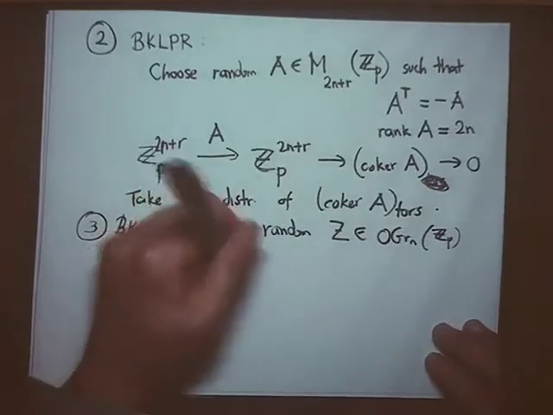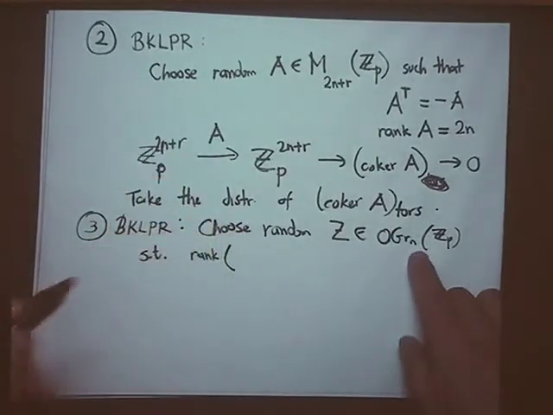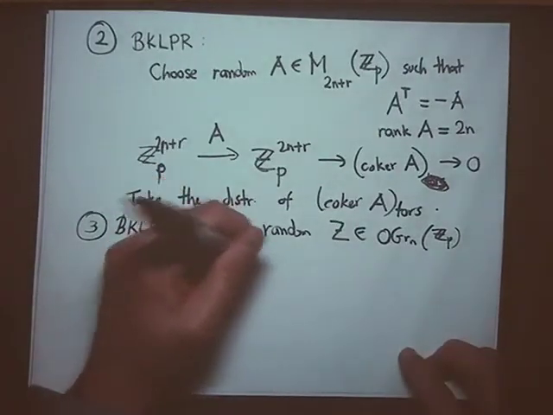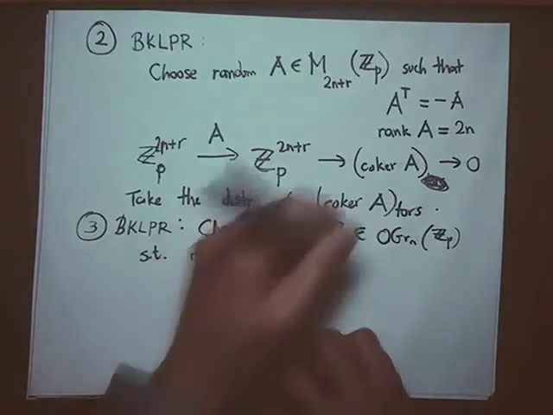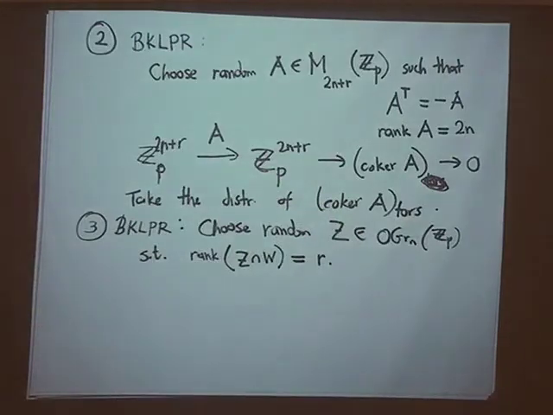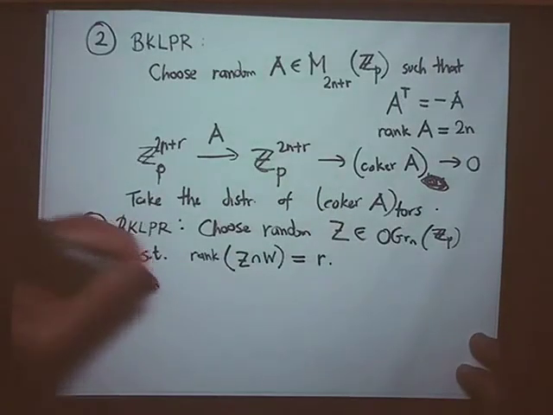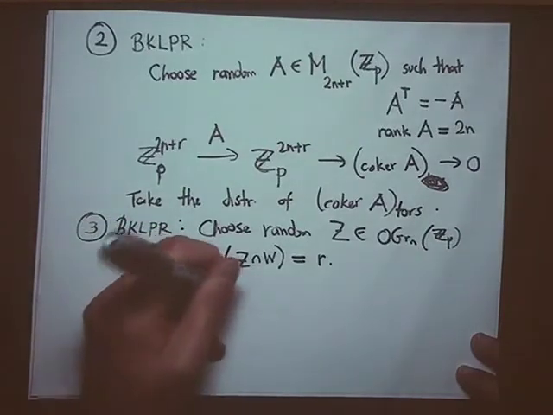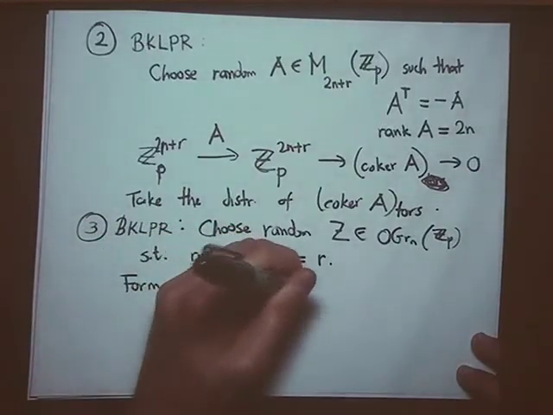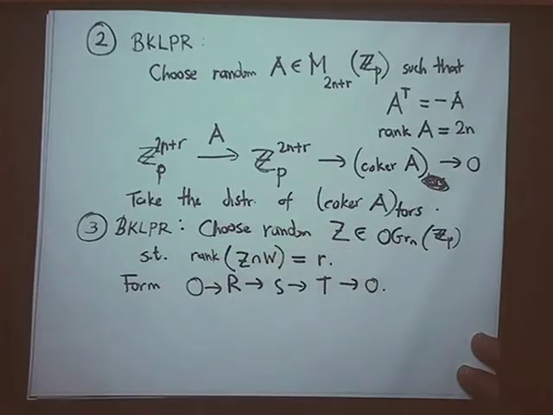You should sample Z from the subvariety where the rank of the intersection, which is supposed to be modeling the rank of the elliptic curve, is r. Now, from the Z and the W, you form this random exact sequence, and then the T was supposed to be the model.